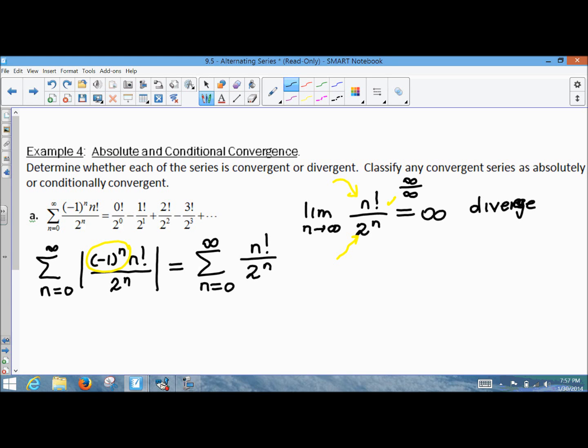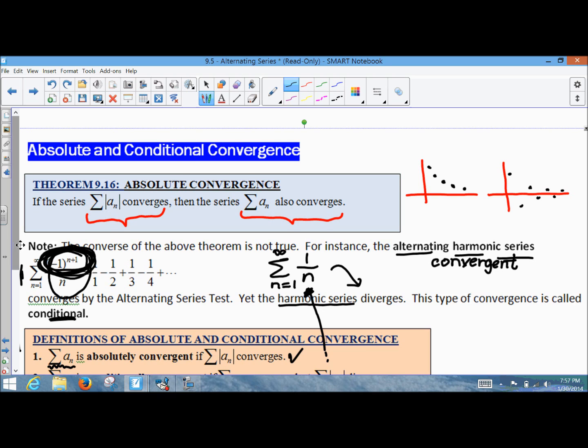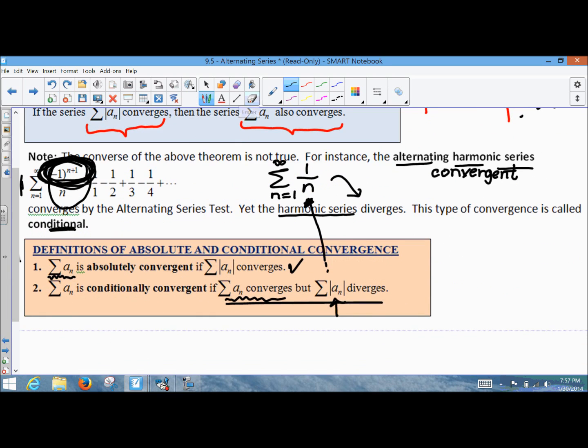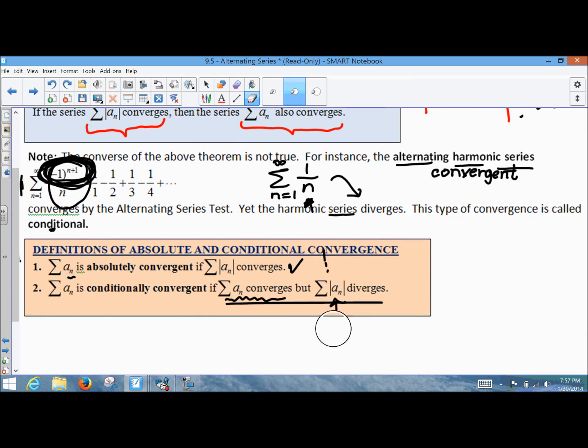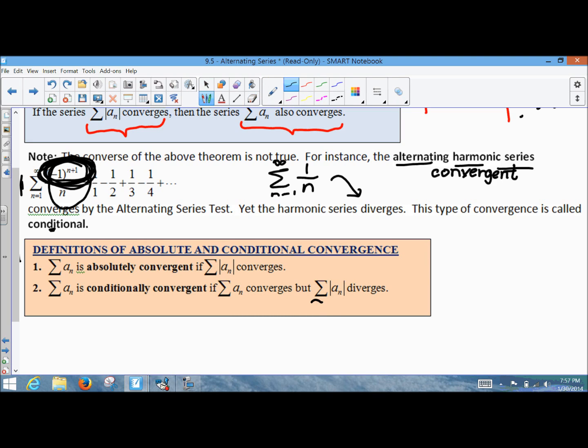Well, if we back up and look at this really messy page, I'm going to clean up some of this here. It says that if the summation of the absolute value of our nth term diverges, then there's a chance that we may be looking at conditional convergence.